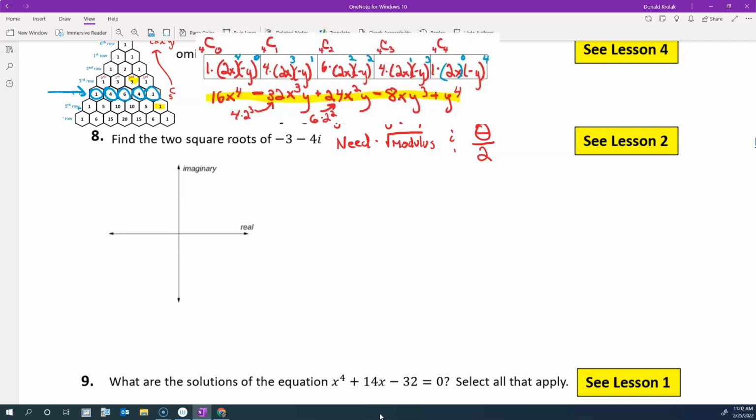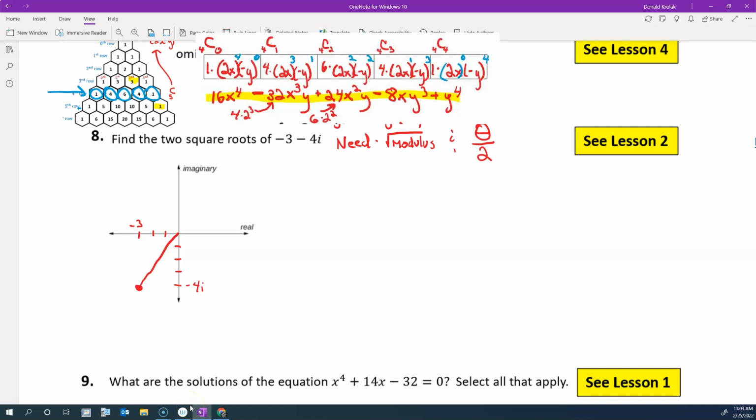So the first thing we're going to do on this is graph it. So this would be -3, -4. Okay, and there's our point.